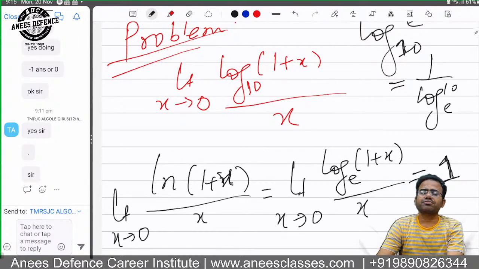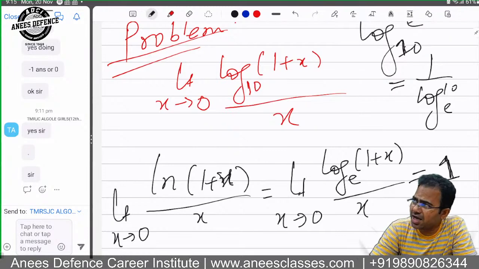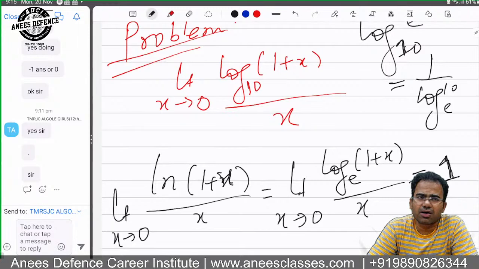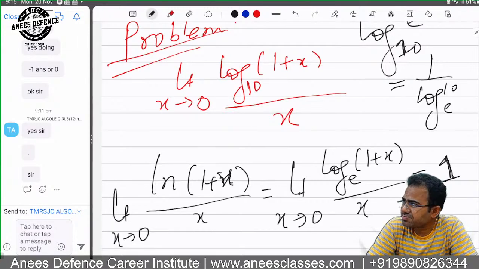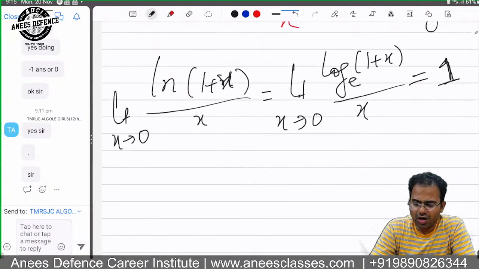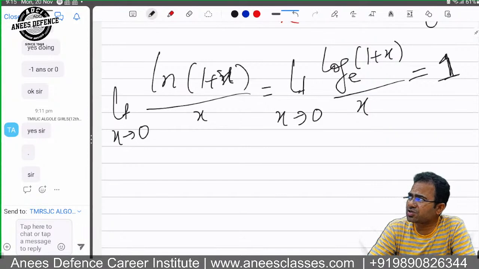First of all, change the base of the log with the help of change of base. Do it. Are you doing the questions or should I do?